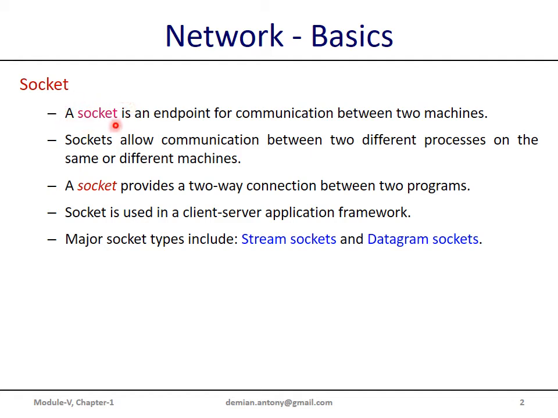This socket is a logical entity which is an endpoint for communication between two machines or two processes running on the same machine or different machines. Thus, the socket provides a way for communication between two running programs, I mean the processes. It provides bidirectional communications or even conversations.